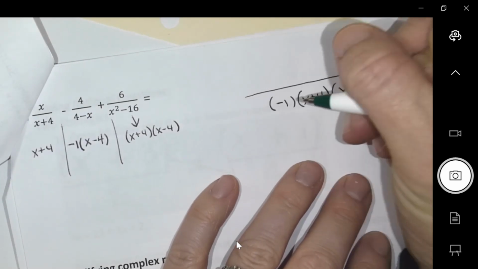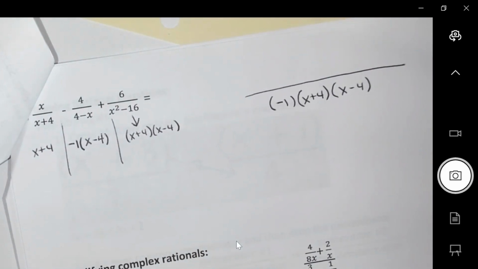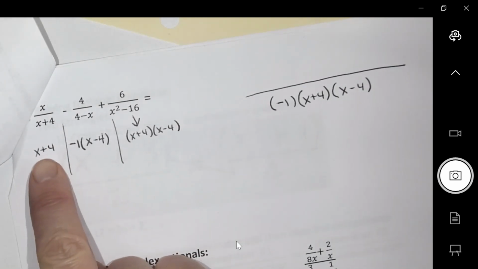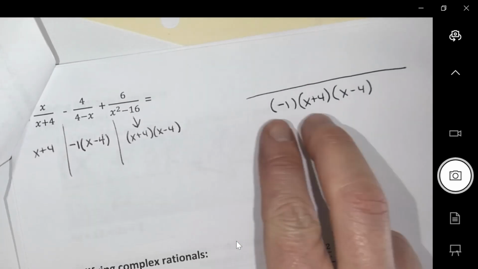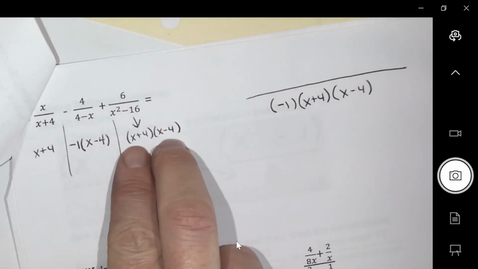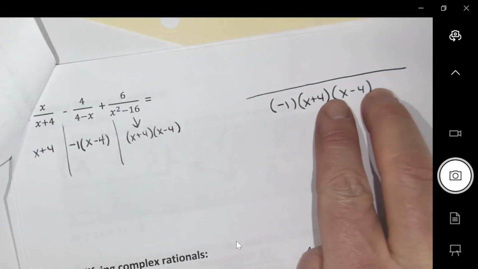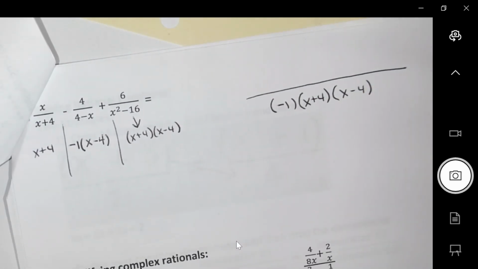And I need a negative 1. Do you want to check by putting my fingers on it? Does that fit in there somewhere? Can I put my fingers on that and on that? Can I put my fingers on that and then that? Okay, so that's the lowest common denominator.